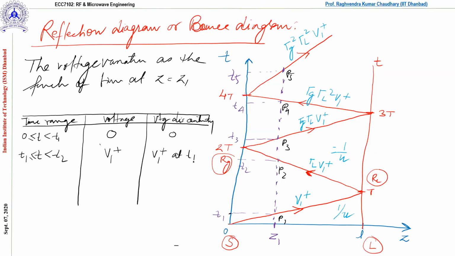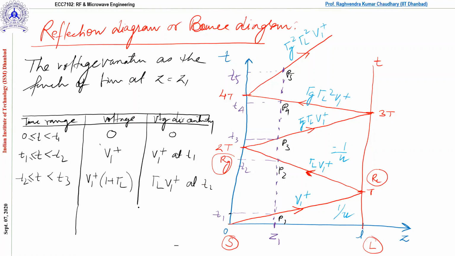Similarly, you can also write t2 less than or equal to t less than t3. In that case, what will happen? Applying the same logic I told you, V1 plus times 1 plus gamma L. And the discontinuity will be gamma L V1 plus at t2, fine.